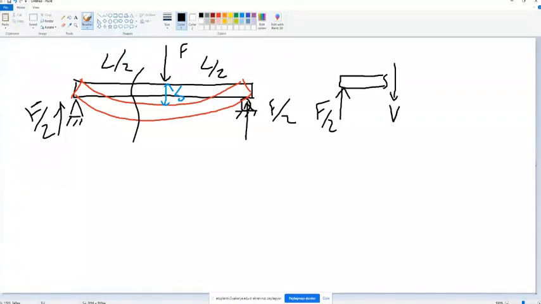Now, for the broken zone, we will have internal vertical force V. Because we don't have any X force, we won't have any reaction force here. So I'm thinking that. But what we have next, tell me.